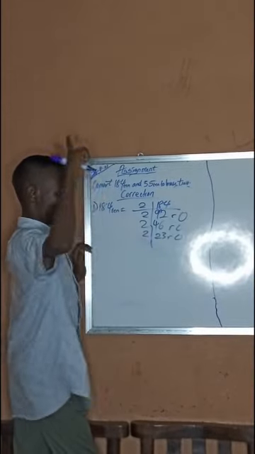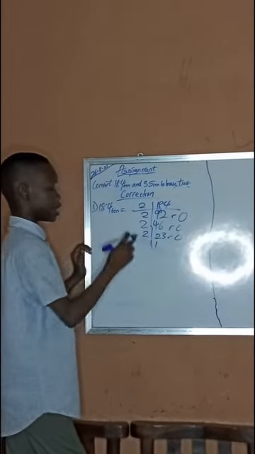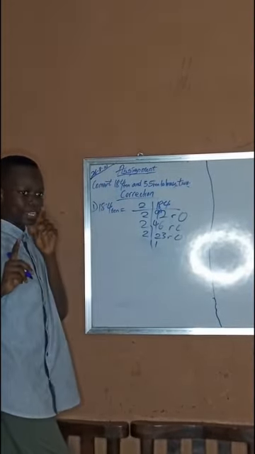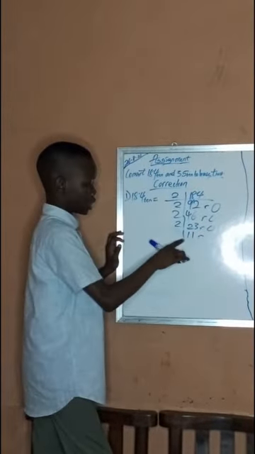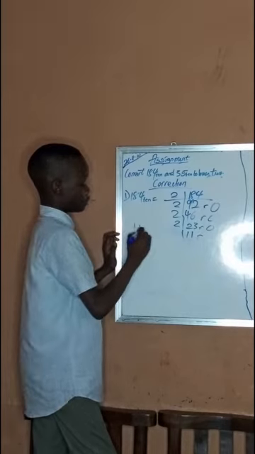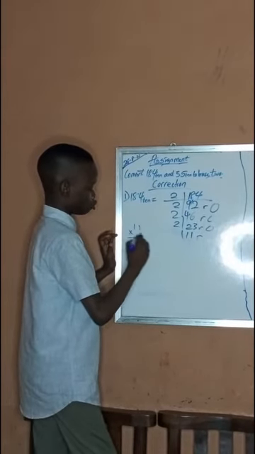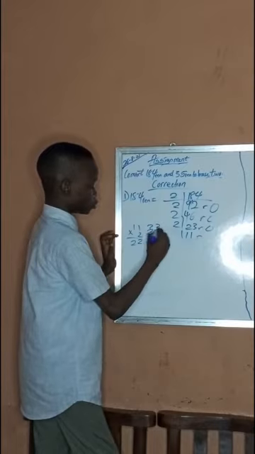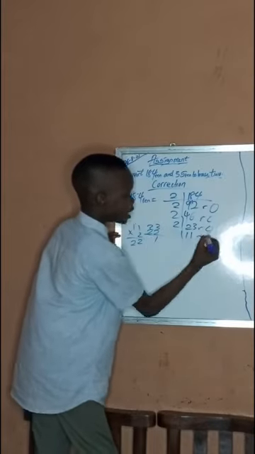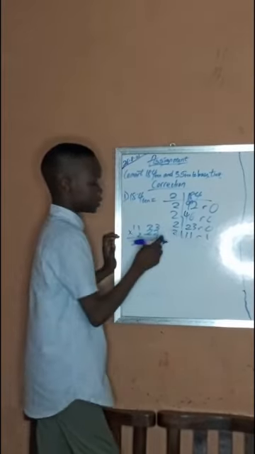2 divided by 2, 1. 3 divided by 2, 1.5. But we don't need anything like that. So it will be 1. Remainder, let's calculate. 1 times 2 is 2. So the difference between 3 and 2 is 1. So our remainder is 1. Let's divide again.